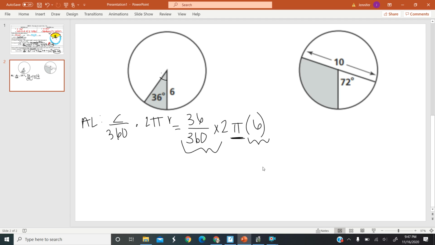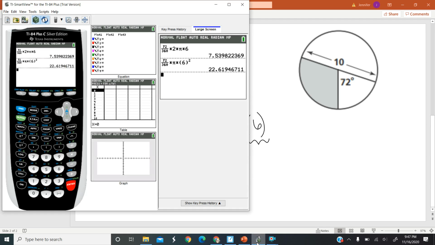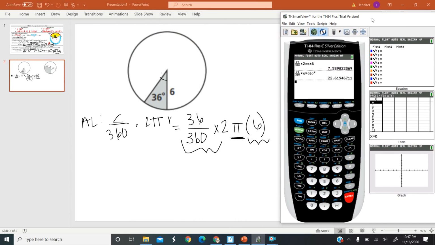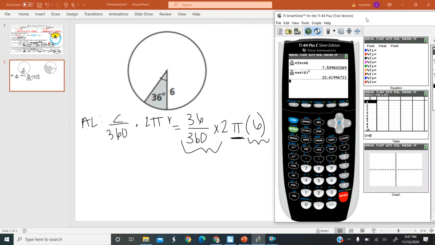And I'll show you what I mean. If I move it over here, you can see it a little better. So we had 36 over 360, and then I need that times 2, and then it's times pi, but I'm not going to type that part, and I'm just going to do times 6.